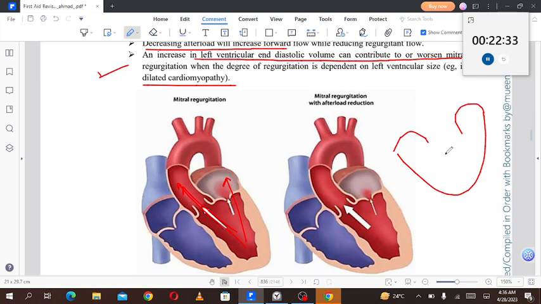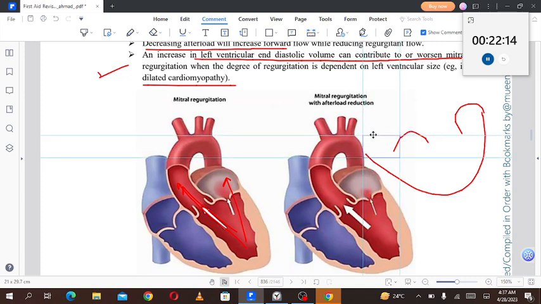On top of that, you increase the preload, you increase the left ventricular end diastolic volume. So now the ventricle has grown further apart, and it will also pull the cusps of the mitral valve apart from each other, and when it does so, the mitral regurgitation murmur is intensified, that is, it becomes worse.